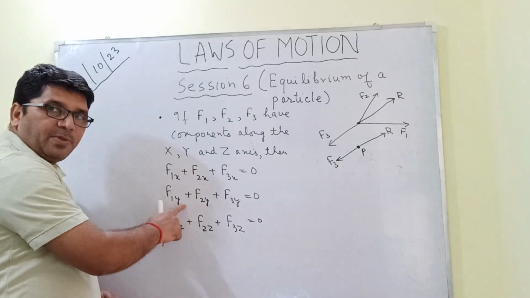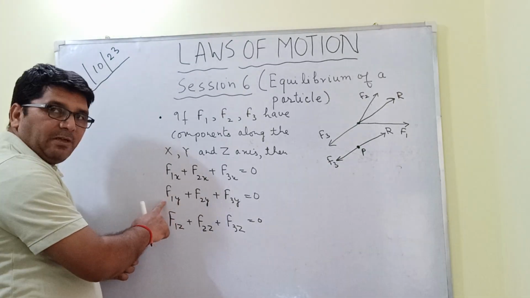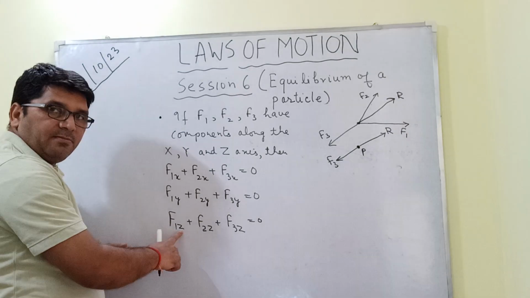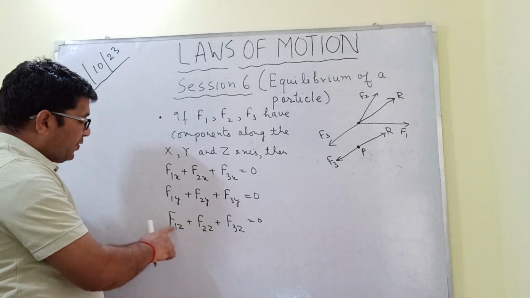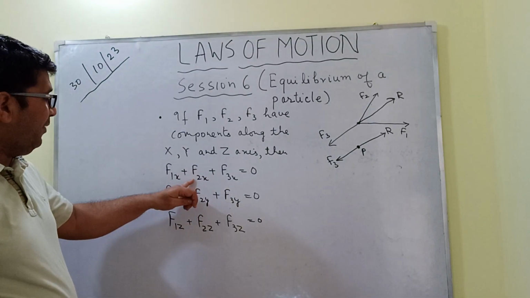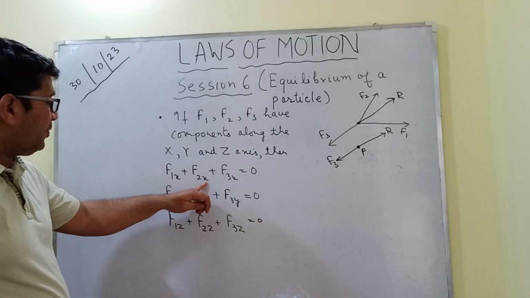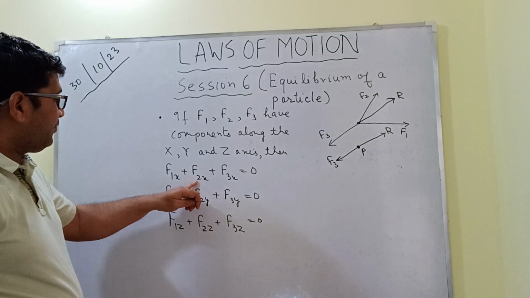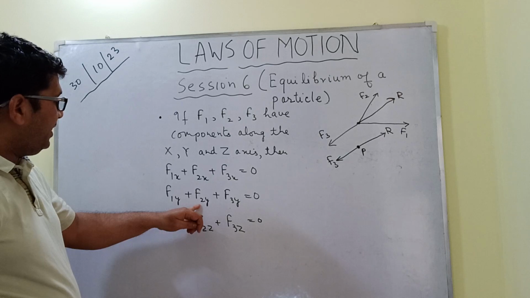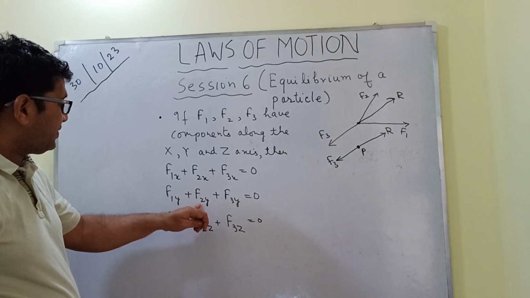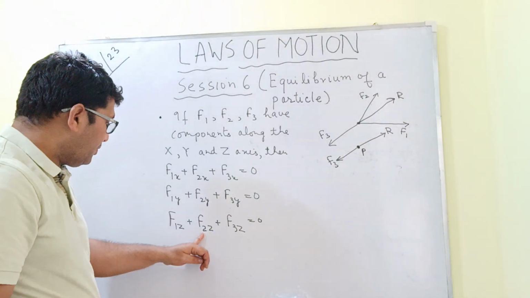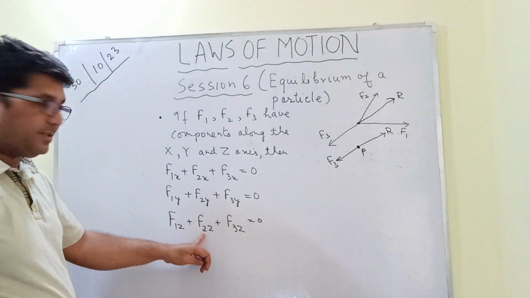F1y is the component of the force F1 along the y-axis, and F1z is the component of the force F1 along the z-axis. Similarly, this F2x is the component of the force F2 along the x-axis. This F2y is the component of the force F2 along the y-axis, and F2z is the component of the force F2 along the z-axis.